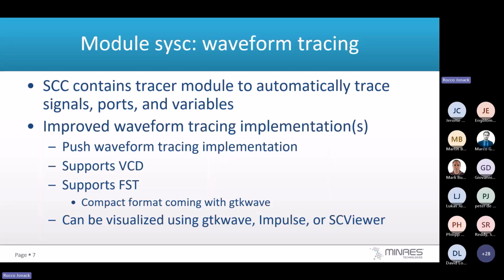In the SCC, we provide a module called a tracer, which automatically collects signals, ports, variables, and CCI parameters. I should mention that here as well, since Jakob brought that up. This tracer collects this information automatically and, as long as you have opened a database before you begin your simulation, dumps it in that database.